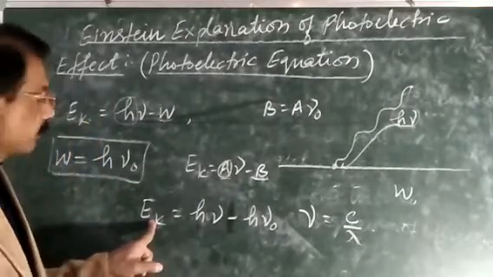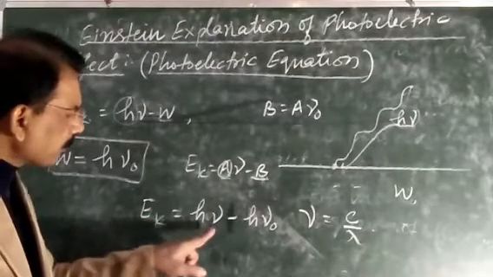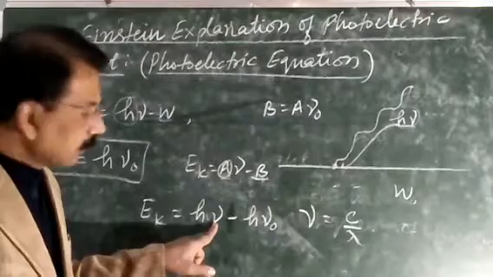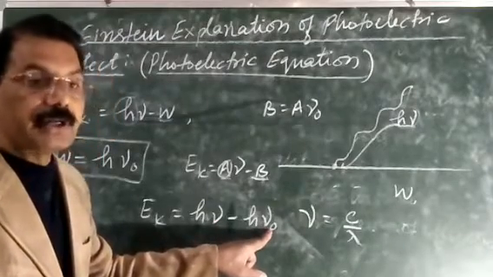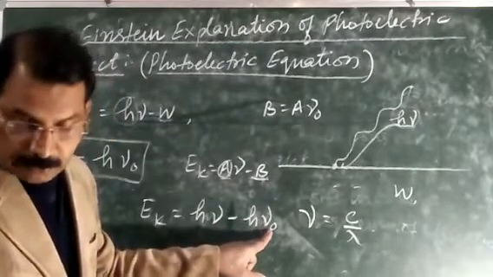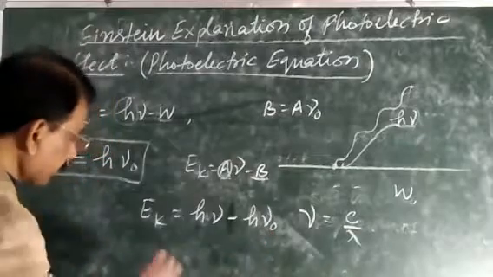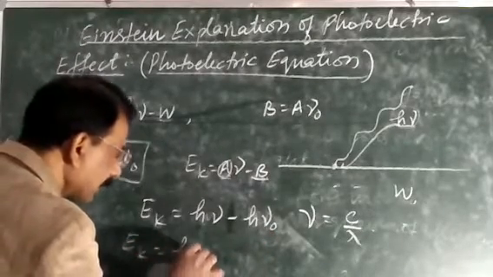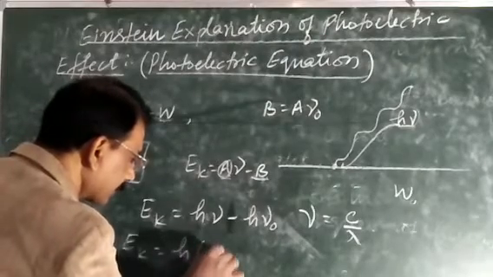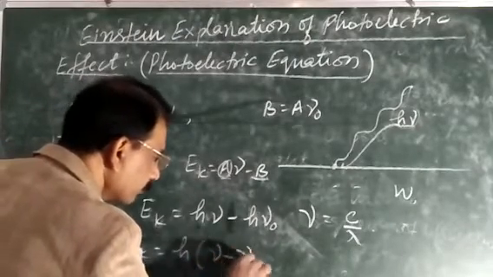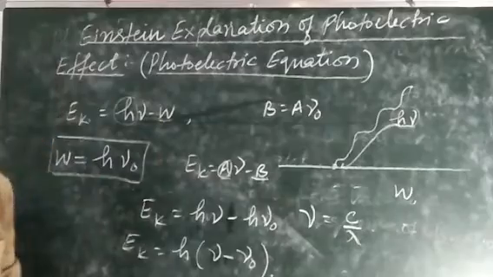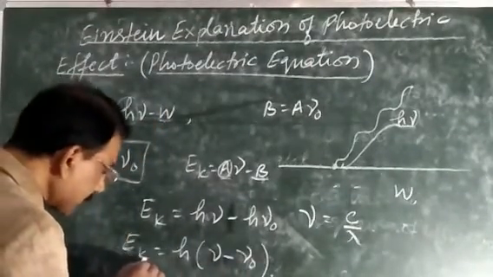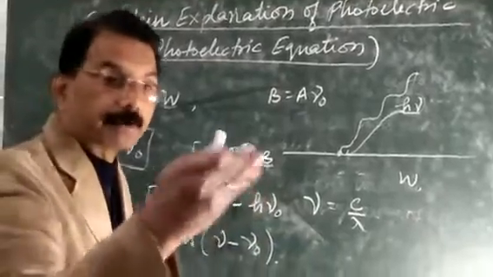And simply you can say from here, at place of nu, you can write C by lambda. And nu naught, you can write C upon lambda naught. So simply you can write here, Ek is equal to H times nu minus nu naught. So this formula can also be written, since Ek is the maximum kinetic energy of the emitted photoelectron.